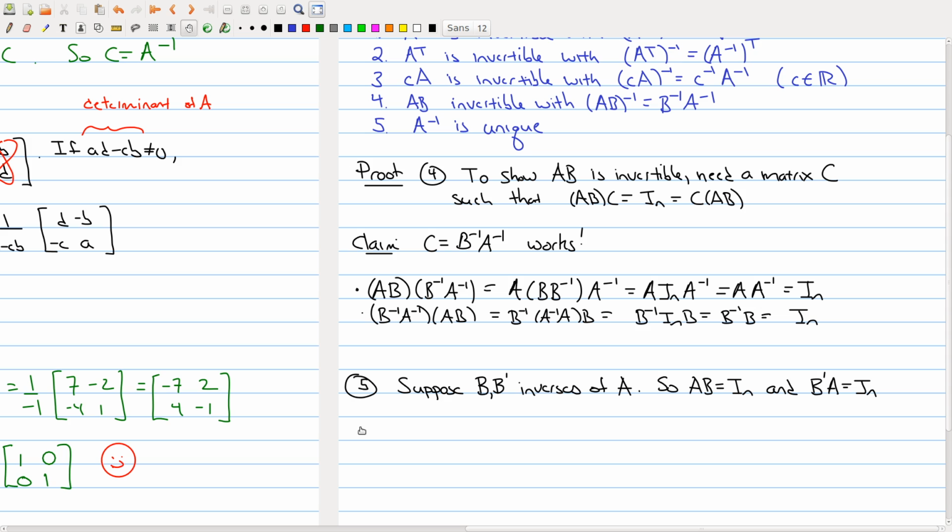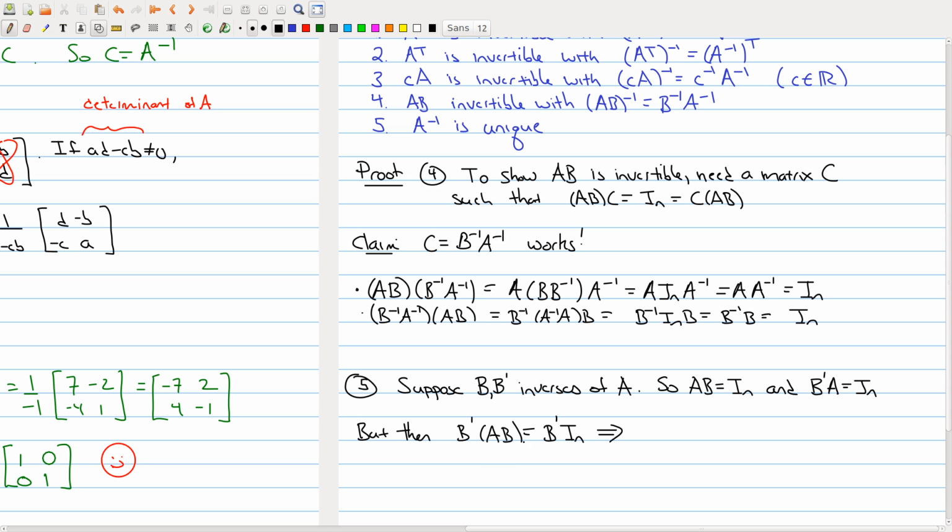But then we can multiply both sides of one of these equations by the other matrix. Let me make it a little bit clearer. I'm multiplying both sides on the left by B prime, so B prime times AB is equal to B prime.